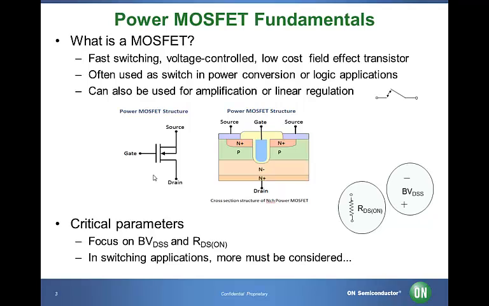Power MOSFETs consist of three electrodes: gate, source, and drain. Using a trench structure inside the silicon as the gate, the current path builds up between the source and the drain, upper and lower regions respectively.